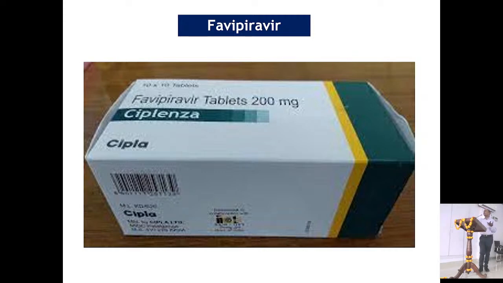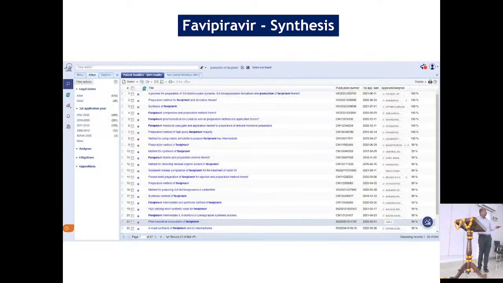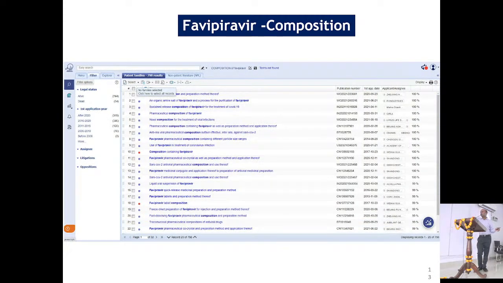That is how the concept of reuse, repurpose has come. One such example is favipiravir, which is repurposed for the treatment of COVID. And there are about 600 patents filed on this subject during that time. And there are many companies which came up with several compositions to make favipiravir available to the people.